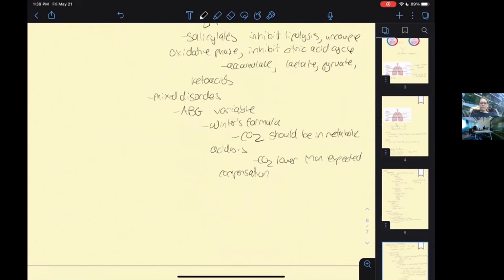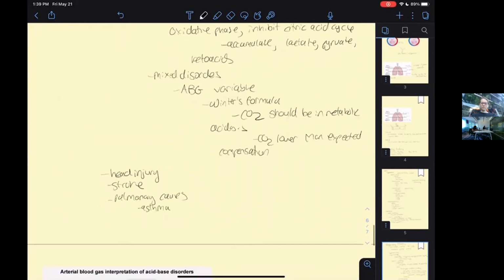And some other causes of respiratory alkalosis: head injuries can cause it, stroke, and then some other pulmonary causes that you should probably know, like asthma with the hyperventilation. If you have an asthma attack, that's really important to know. And then pneumonia and a pulmonary embolism can also cause it.